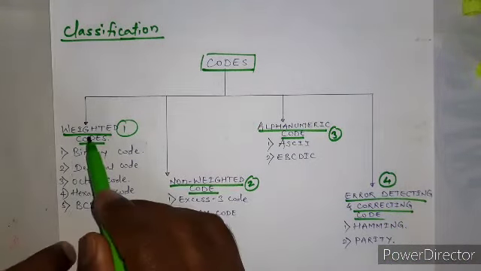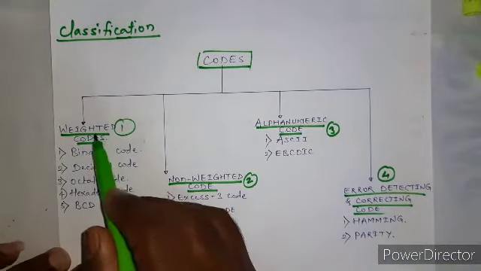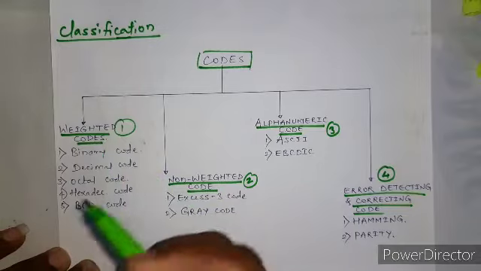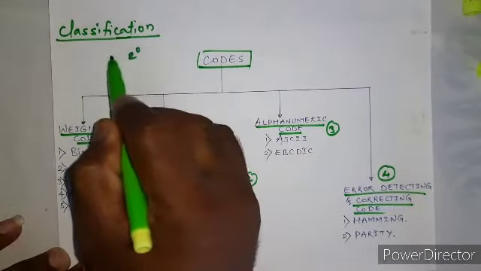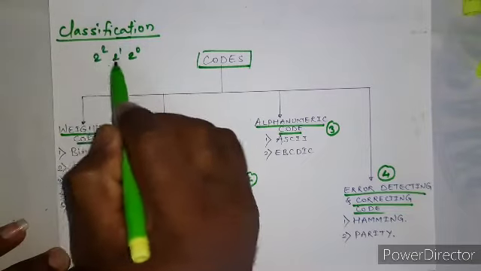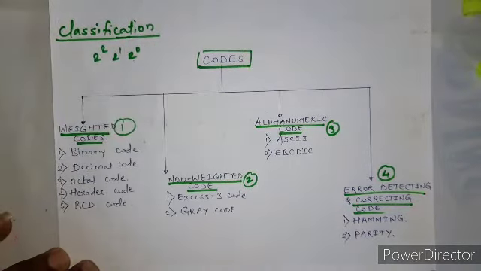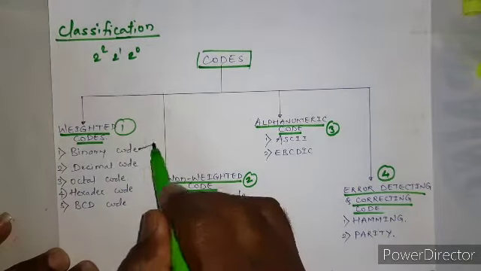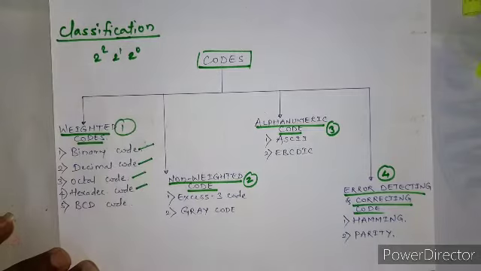Now weighted code, we have already discussed so much about this. Weight means it is having some weightage. If you recall 2 raised to 0, 2 raised to 1, 2 raised to 2, and this is unit, 10, 100, 1000, they have those weights, right? So we have discussed binary, decimal, octal, hexadecimal.